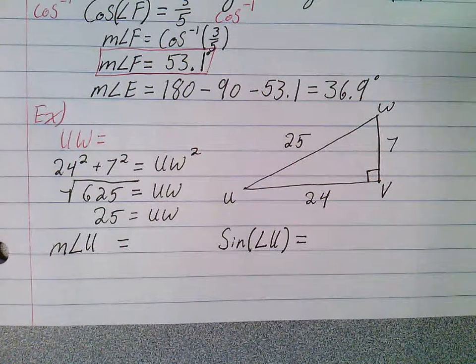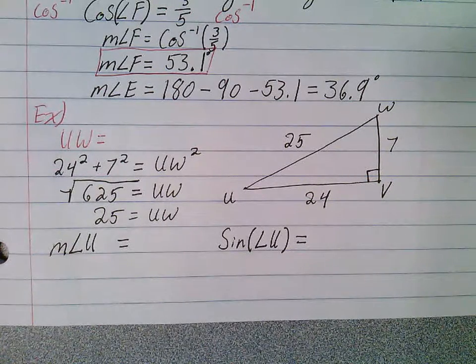Good. Opposite over hypotenuse, which in this case is what? Be a little careful there, Gavin. I don't know if your finger slipped. Y over 25. Okay, so we have opposite.